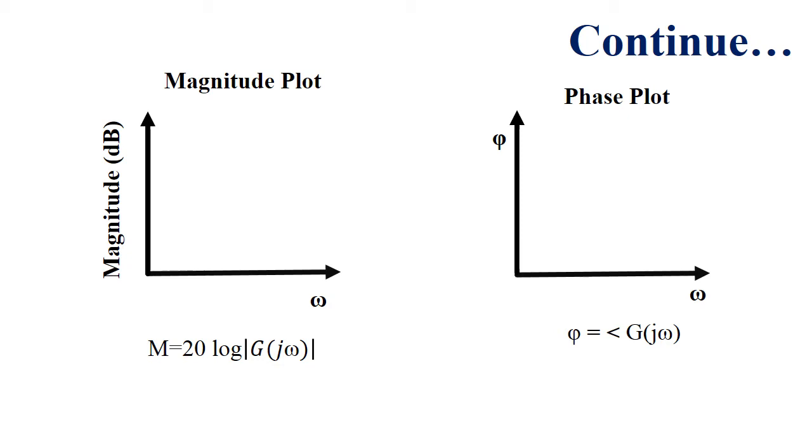For magnitude plot, y-axis is the magnitude of the open loop transfer function, which can be taken by taking the modulus of the transfer function and multiplying with 20 log for a unity feedback control system. For phase plot, y-axis is equivalent to the phase of the open loop transfer function.